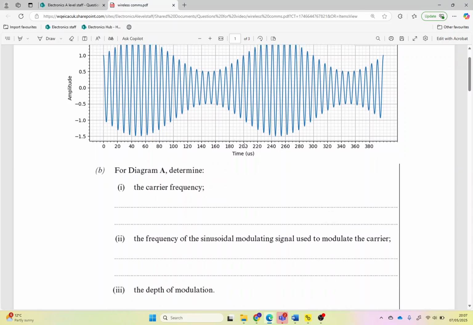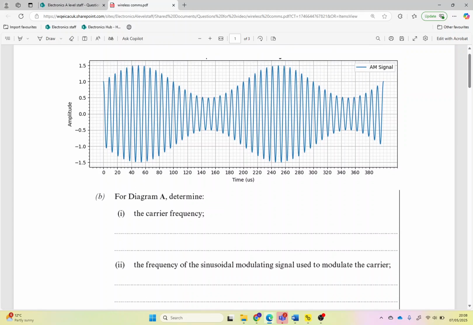Now, certainly for me, I find it easier to work out what the information signal frequency is first before working out what the carrier frequency is. So if I'm answering this, I'm just looking on this diagram to see where we do one complete cycle.